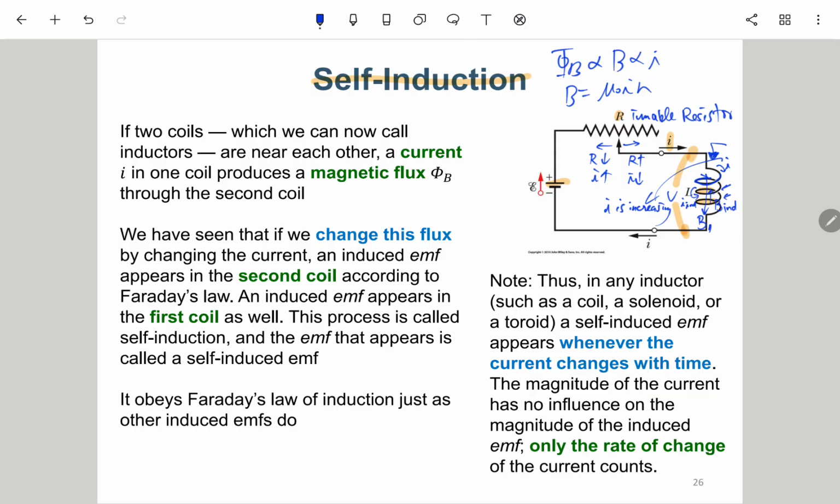Even with only one turn, it will have self-induction for its own turn. The EMF that appears is called the self-induced EMF, and it has an opposite direction to the current. It obeys Faraday's law of induction just as other induced EMF do.